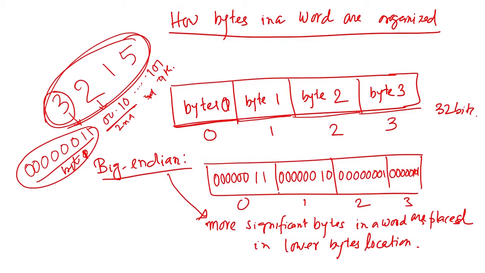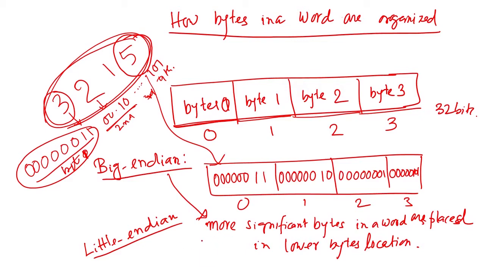This is something called big endian, that is, the most significant byte will appear in the lowest byte position. Okay. So, this is called big endian. There is another called little endian. This is just the opposite of this one. What will we do? This is the lower byte, right, the least significant byte.